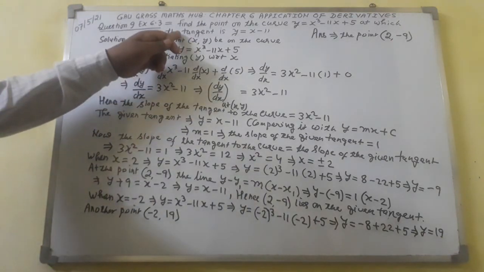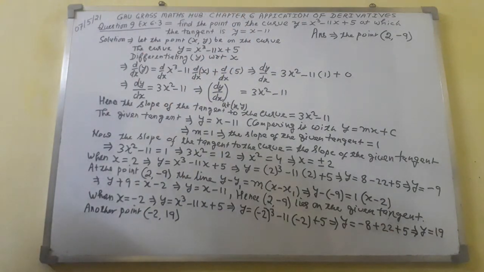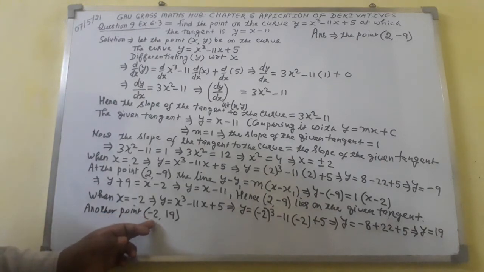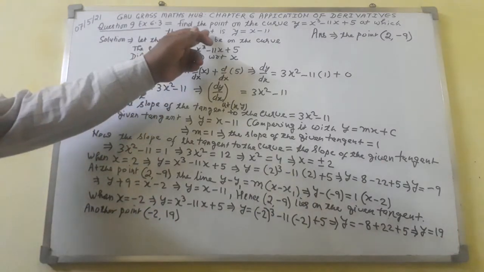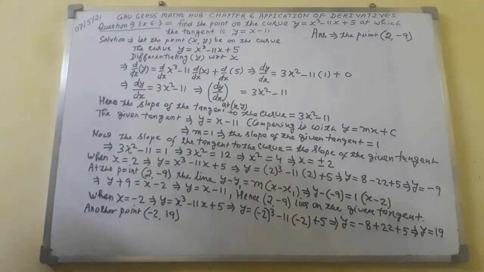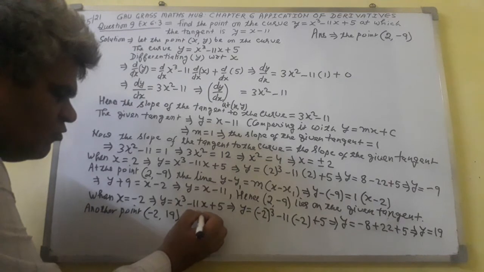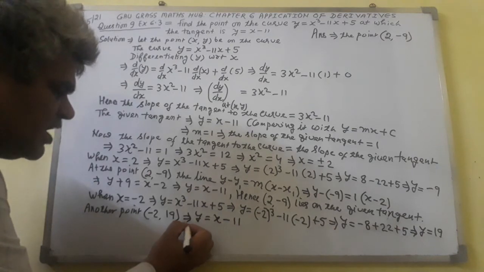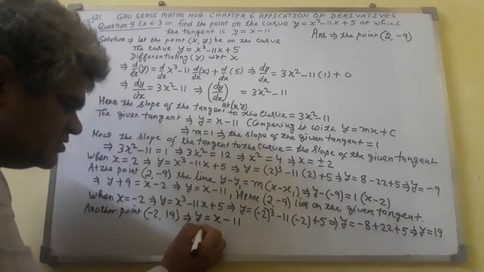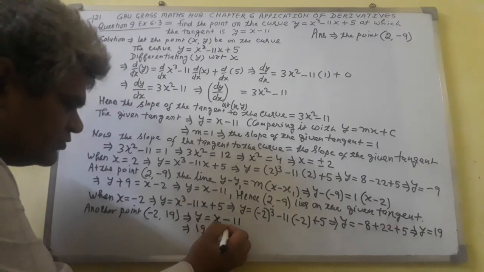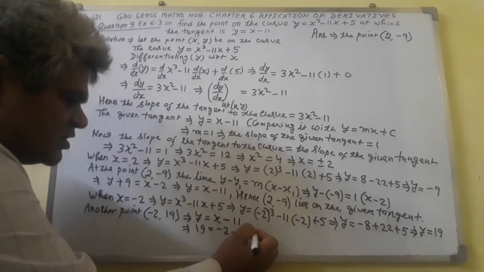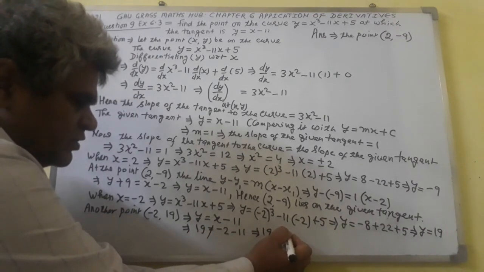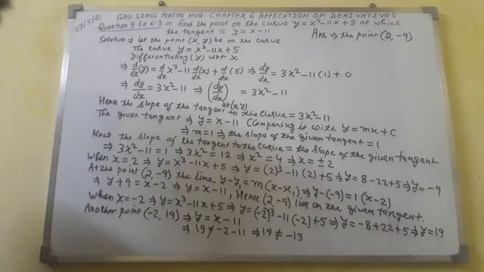This is the given tangent y equal to x minus 11. Check whether the other point minus 2 comma 19 will satisfy the given tangent y equal to x minus 11 or not. So here I shall write y equal to x minus 11. Here for the value of y I shall put 19, and for x I shall put minus 2 minus 11, which comes out to be minus 13. 19 will not be equal to minus 13.